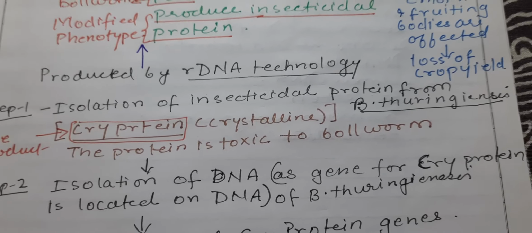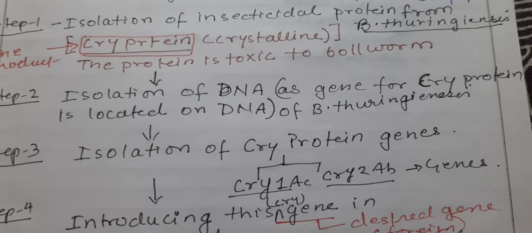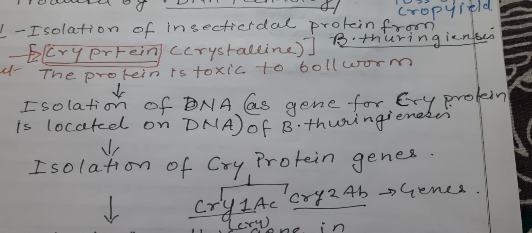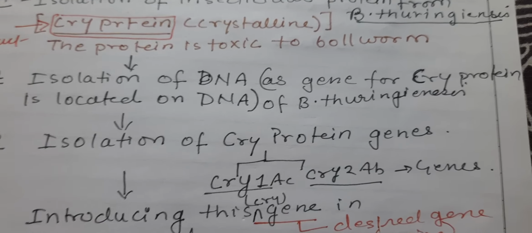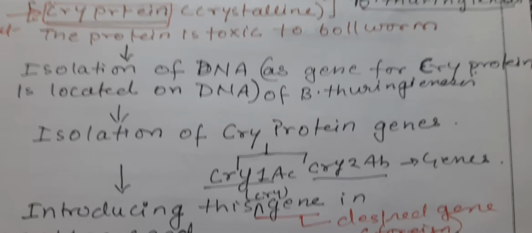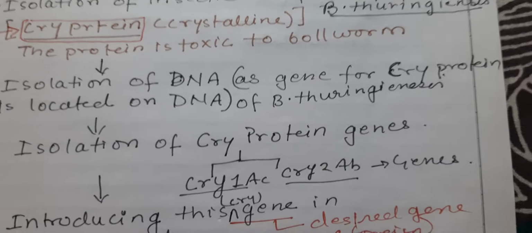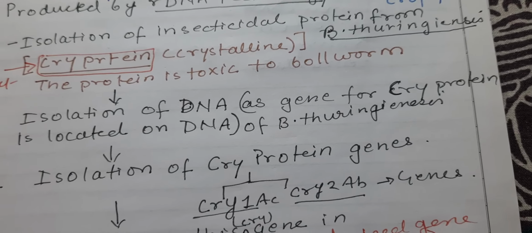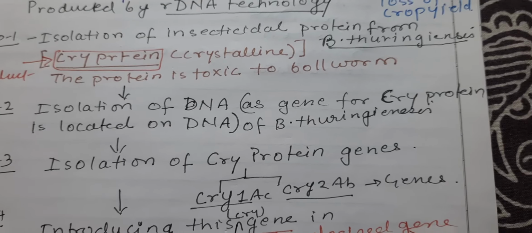Now once we got this cry gene, there are two cry genes for this, cry 1AC and cry 2AB. They produce together the cry proteins. These genes are to be introduced in the cotton plant, so where will you introduce them? In the cotton seed.